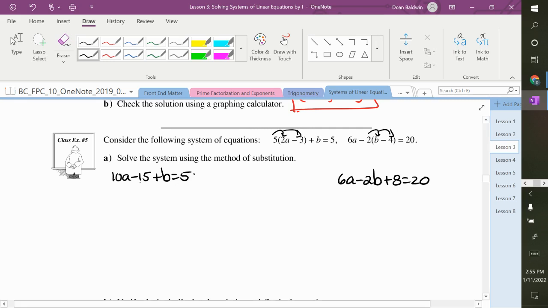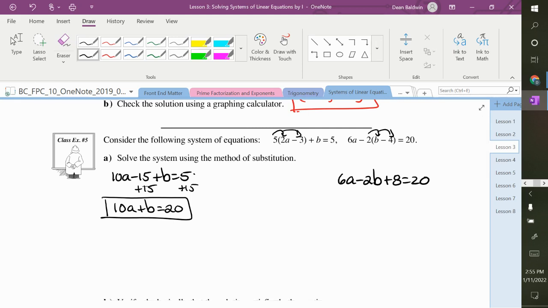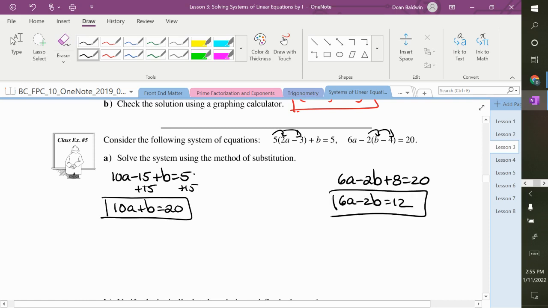So the first one, I'm going to add 15 to each side. And I'll get 10a plus b is equal to 20. So there is one equation. Second one, subtract 8 and you get 12.